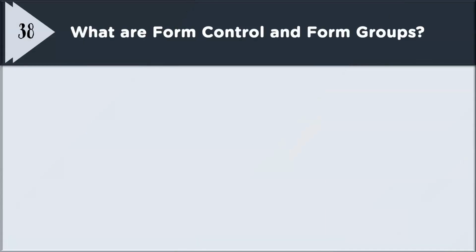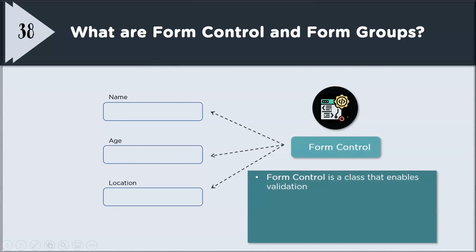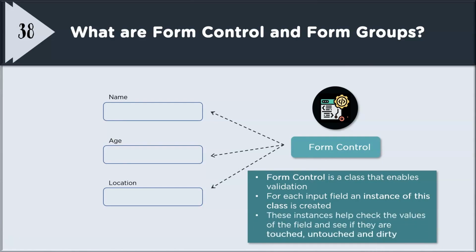Moving on, what are form control and form groups? A form control is basically a class that enables validation. For each input field, an instance of this class is created. These instances help check the values of the field and see if they are touched, untouched, dirty, pristine, valid, invalid, or so on.